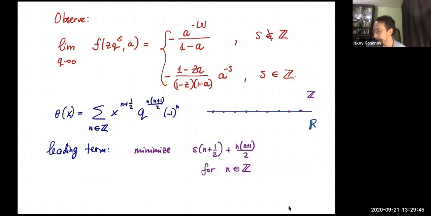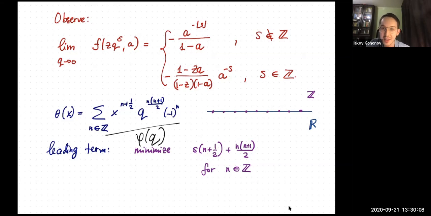And this happens because of the following. If we expand the theta function, I forgot a prefactor here, of q, we get this expansion, and then we substitute x equal to q to some power. And let's see the leading term when q goes to 0.